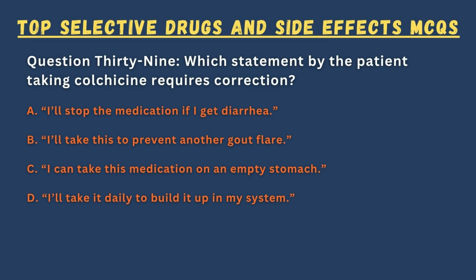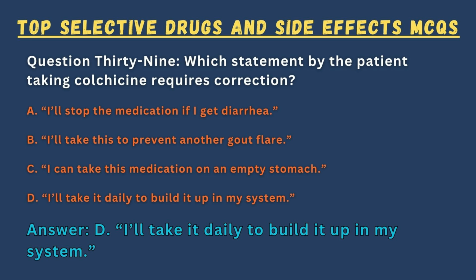Question 39. Which statement by the patient taking colchicine requires correction? A. I'll stop the medication if I get diarrhea. B. I'll take this to prevent another gout flare. C. I can take this medication on an empty stomach. D. I'll take it daily to build it up in my system.